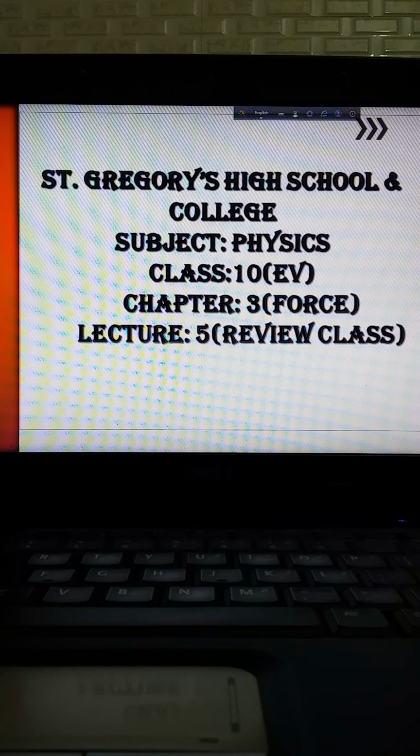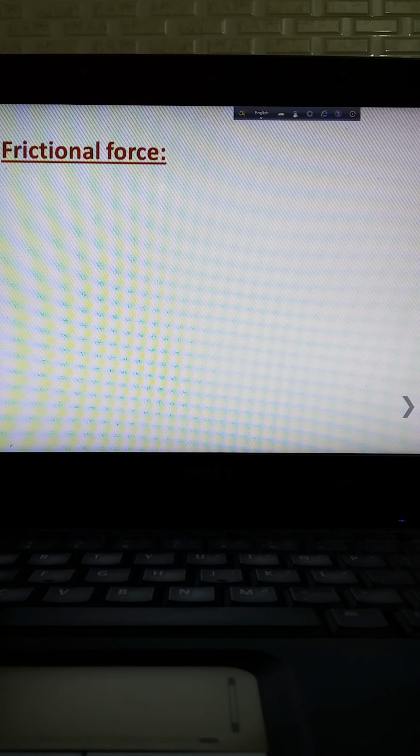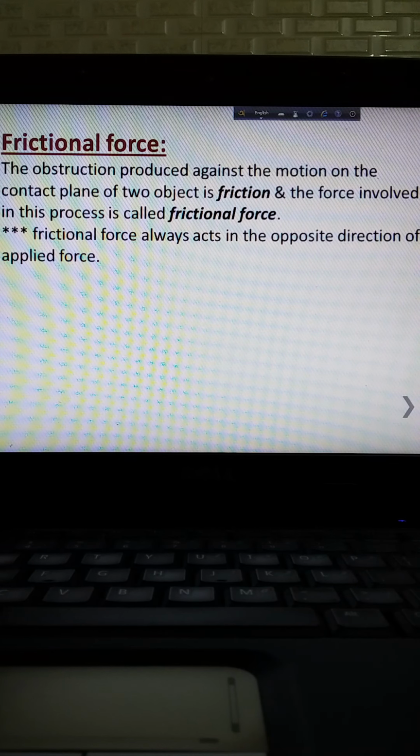In our previous class, we had a discussion about force and laws of motion. We had discussed so many topics. Today we'll try to discuss frictional force, an important term of this chapter.